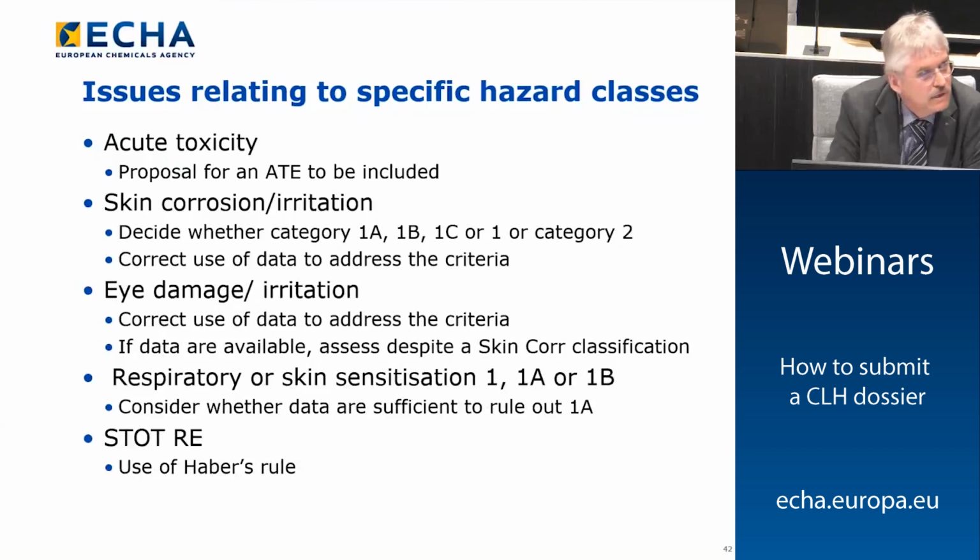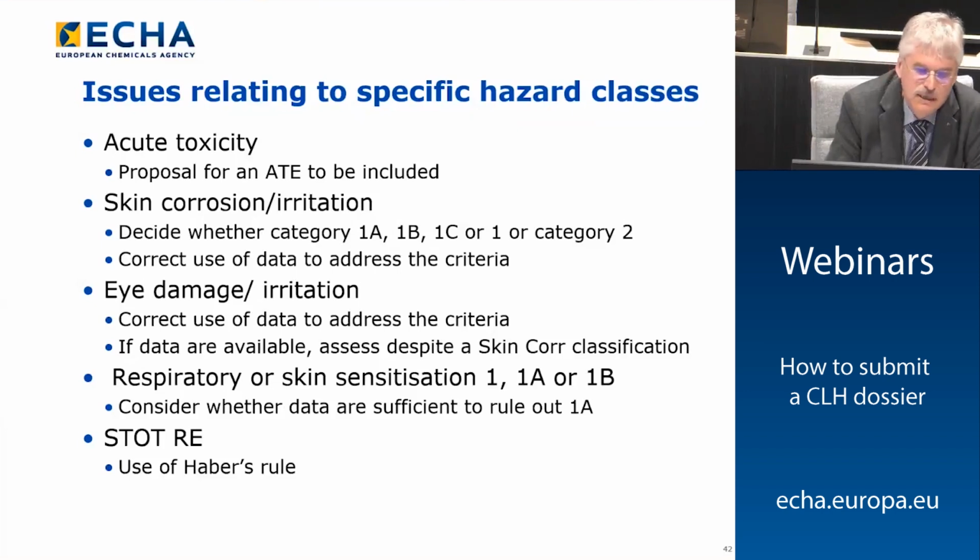For skin corrosion and irritation, it needs to be decided whether category 1A, 1B, 1C, or 1, or category 2 is appropriate, and the correct use of the data to address the criteria was also important, and this is explained in further detail in the practical guide.